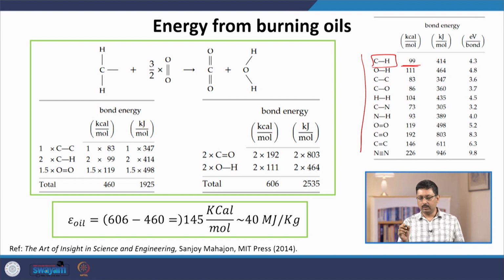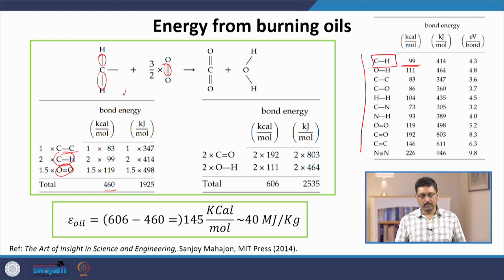So, these are some representative numbers. Using these numbers you can calculate the bond energies that are present on the left hand side of this reaction, for the reagents, and if you add all of these bond energies you get some particular value.